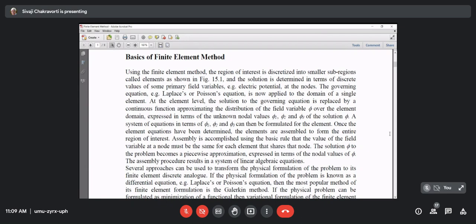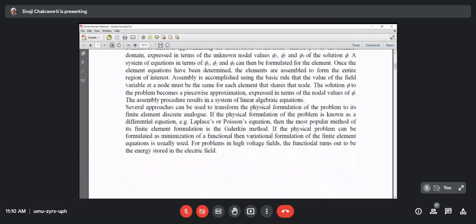Nodes are there, but we are subdividing it into small sub-regions, and within that region, we assume a relationship of the primary field variable. For example, in our case, it is electric potential. And of course, the governing equation has to be satisfied. That means it could be Laplace's equation, it could be Poisson's equation, or any other governing equation.